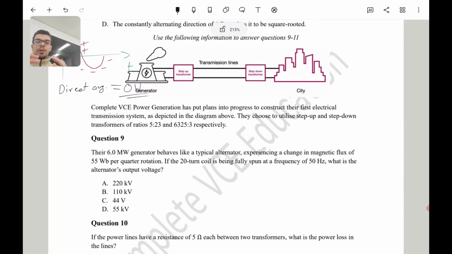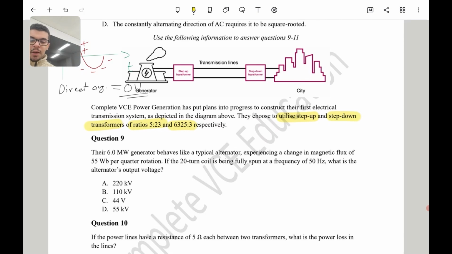Okay, moving on. Question 9 to 11. So, a complete VCE power generation has put plans into progress to construct the first electrical transmission system as depicted in the diagram above. So they choose to utilize a step up and a step down transformer of ratios 5 to 23 and 6,325 to 3 respectively. Very big ratios.